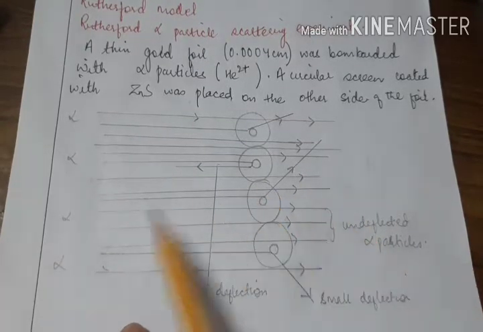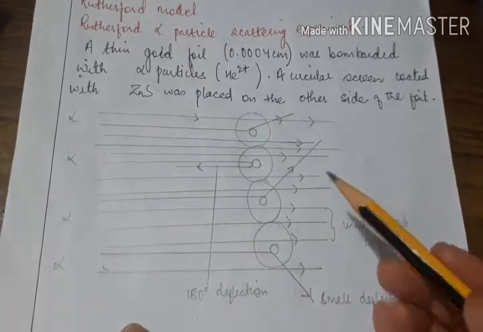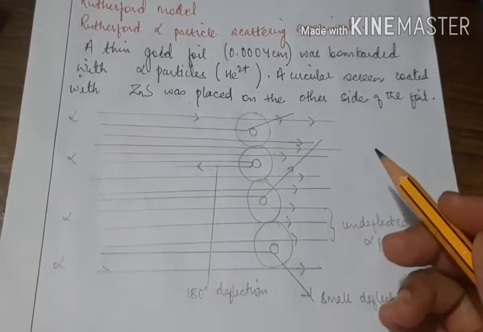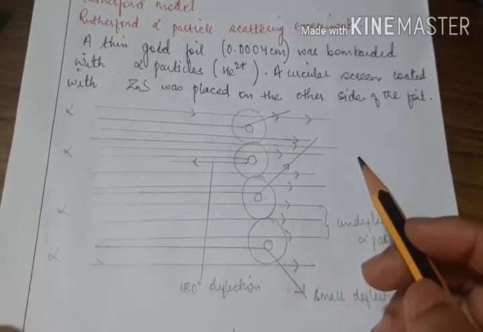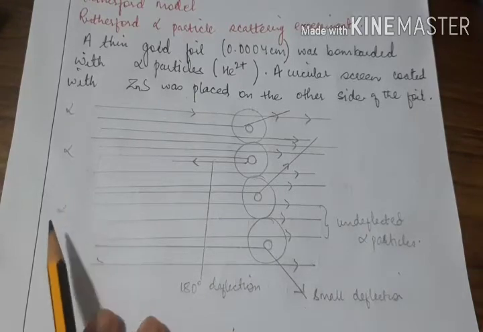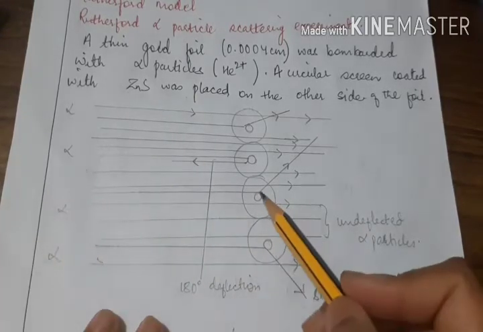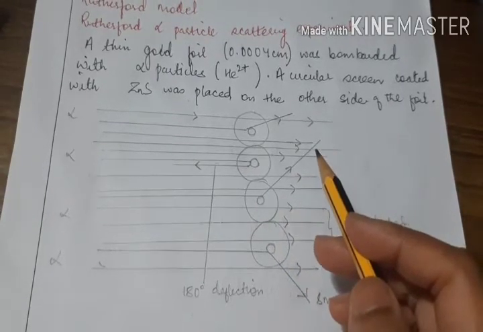And very few alpha particles were getting deflected. So there must be some positively charged particles, and these positively charged particles must be big, because alpha particles, you know, are big particles. So in order to deflect these big particles, the positively charged particles in the gold foil should also be big.